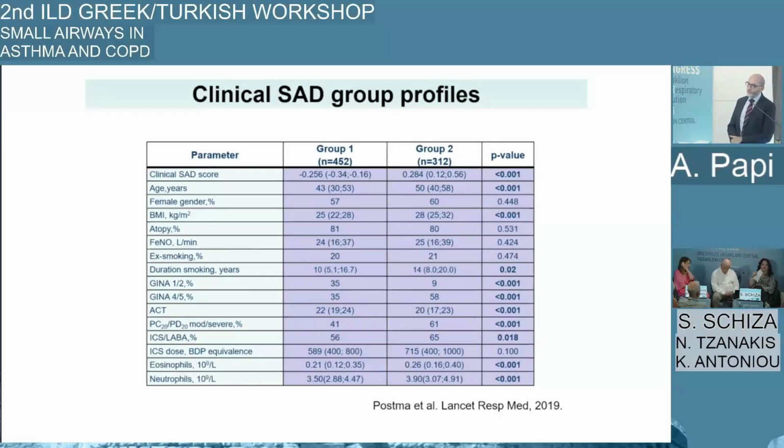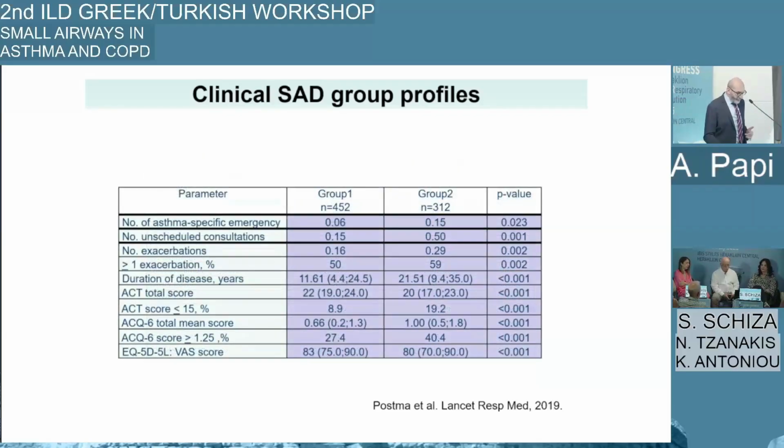impairment of this score related to small airways, and it is associated with some specific demographic characteristics, BMI, for example, severity of the disease as assessed by the GINA scale of treatment, severity of the hyperreactivity, that are all higher in patients with a greater severity of impairment in small airways.